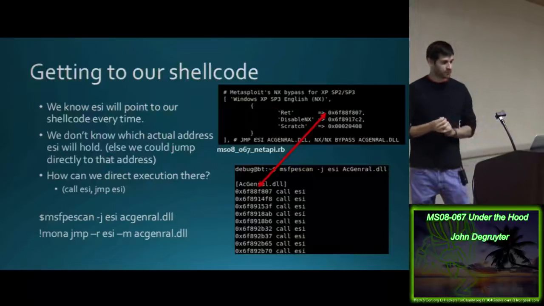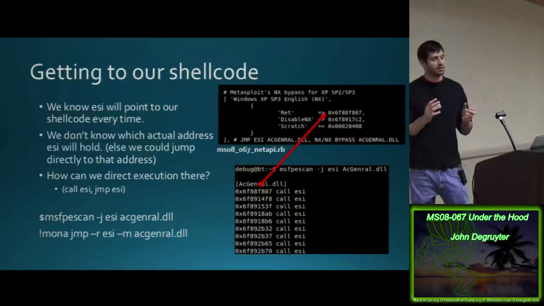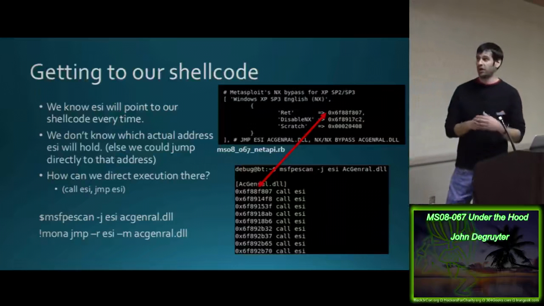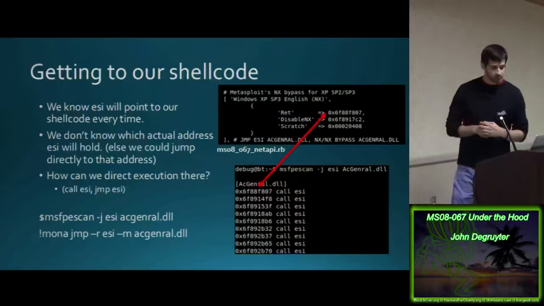So when the exploit function put everything together for us in Metasploit, it put this address in the payload and sent it off so that after the call to disable NX, we would go to this call ESI instruction.